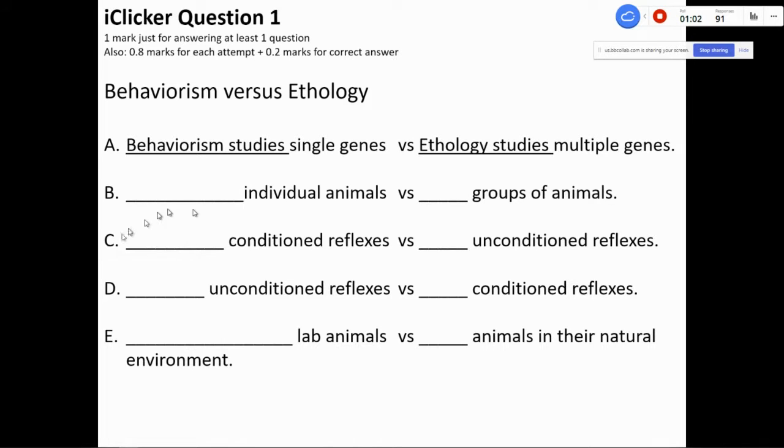Is it that behaviorism studies conditioned reflexes, whereas ethology studies unconditioned reflexes? Or is it that behaviorism studies lab animals and ethology studies animals in their natural environment?